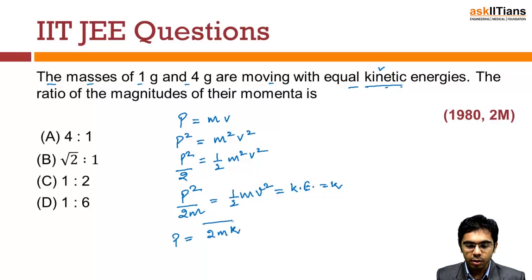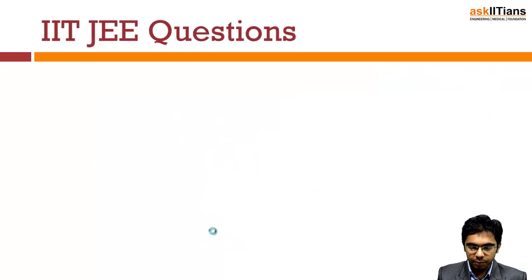comes out to be under root 2mk. Therefore, since the masses are given to us as m1 is equals to 1 gram and m2 is equals to 4 grams, m1 by m2 comes out to be 1 by 4.